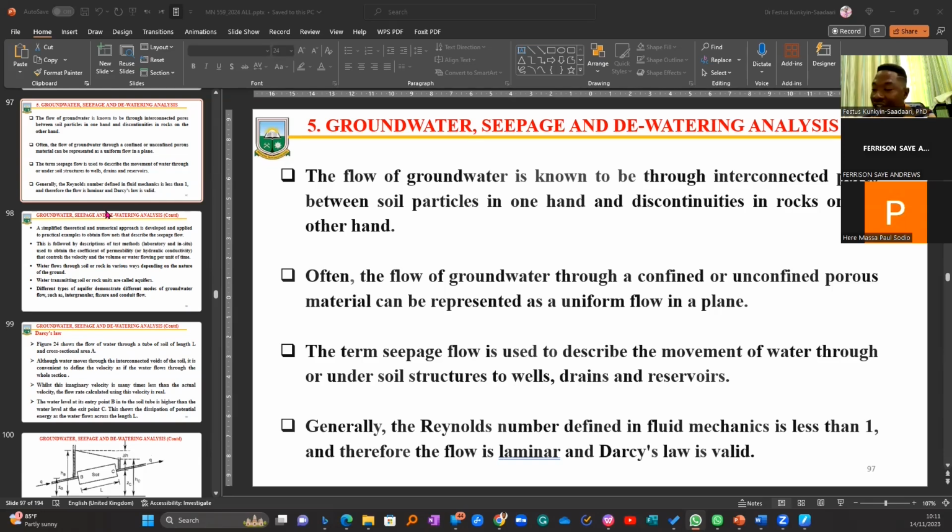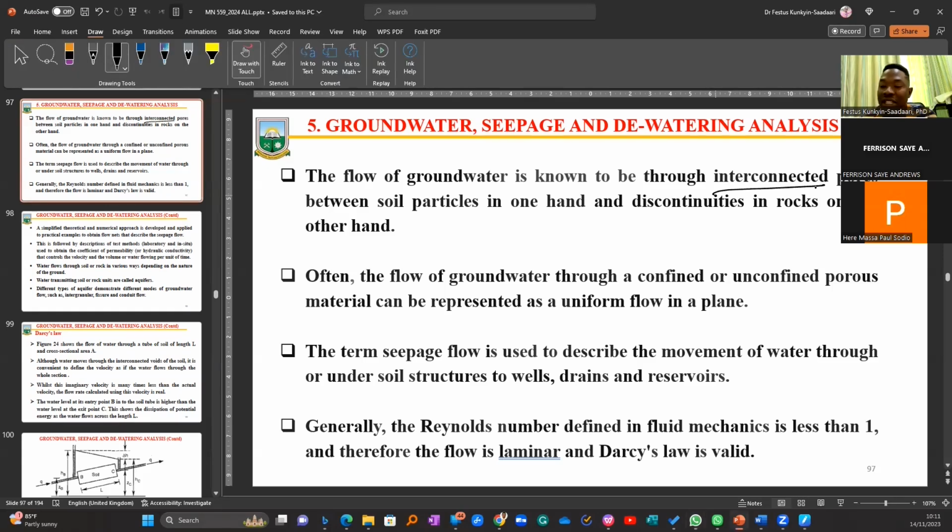The key word here is interconnectivity. If I have pores within a rock sample or any given material, and these pore spaces are not connected, they can only store the water, but cannot allow its flow. So porosity does not always mean high permeability.